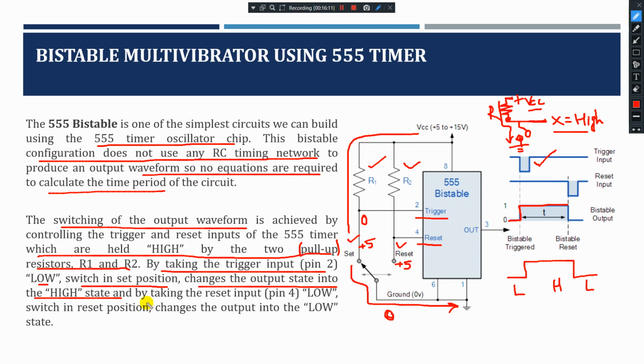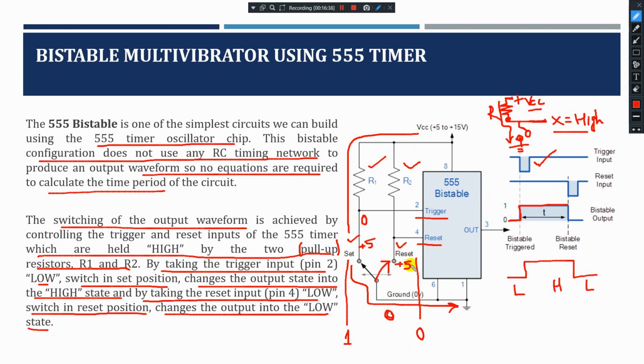To stop this, by taking the reset pin number 4 low, the switch is in reset position, changing the output into low state. Now the switch is toggled to reset. When the switch is toggled, your set becomes 1 and your reset becomes 0.